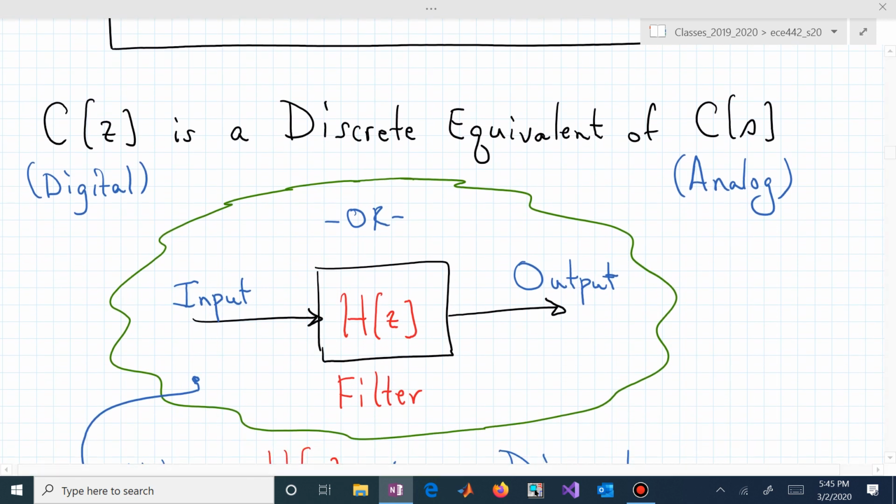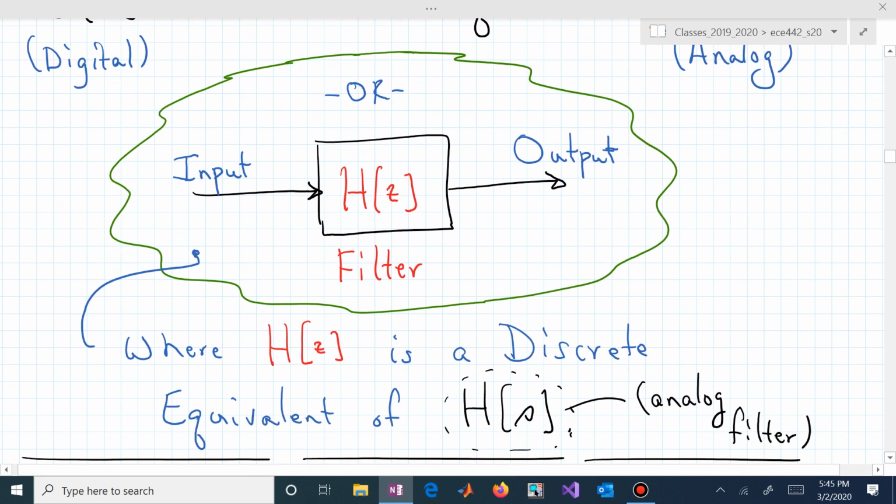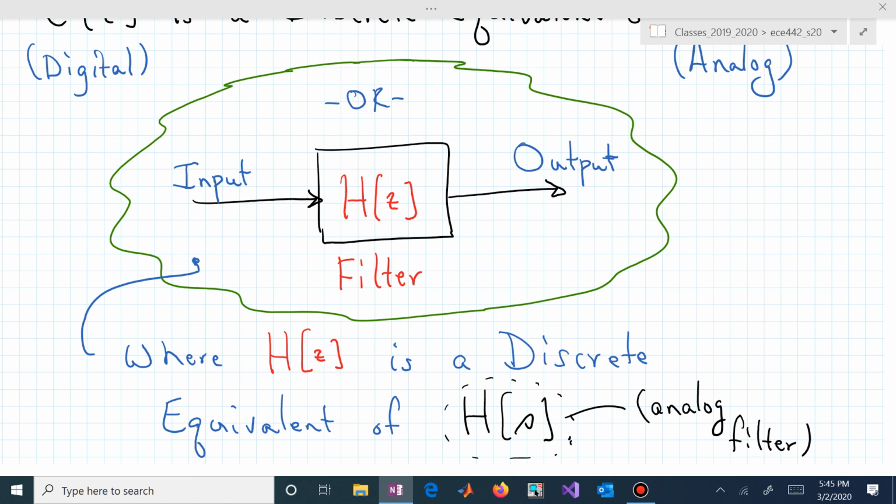Or you could view that, so now you're finding C of Z, a digital implementation, it is a discrete equivalent of C of S, or maybe now somebody hands you an analog filter from ECE 320, or now you've designed one. You now have this Butterworth low-pass filter, H of S, that's your buddy, that's your favorite, and now somebody says, oh, I actually need you to put that into a computer.